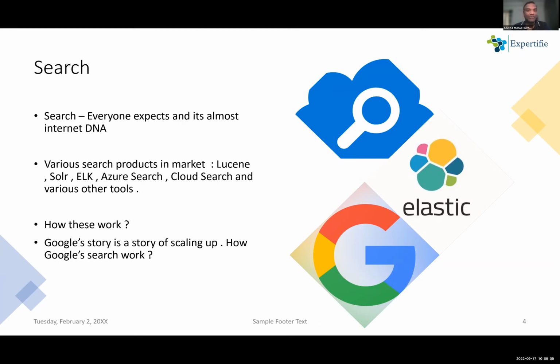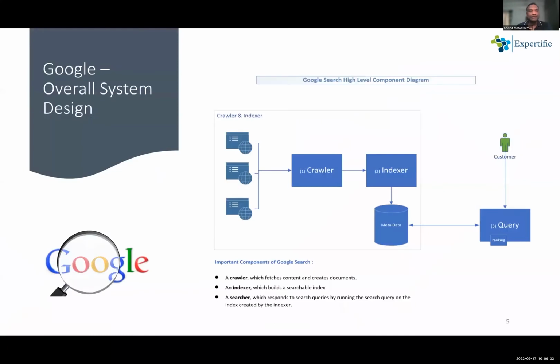The scale which Google supports is huge, with millions of users accessing the Google search product. How are they doing it? At a high level, maybe we can cover how Google search works. Stop me if you have any questions.